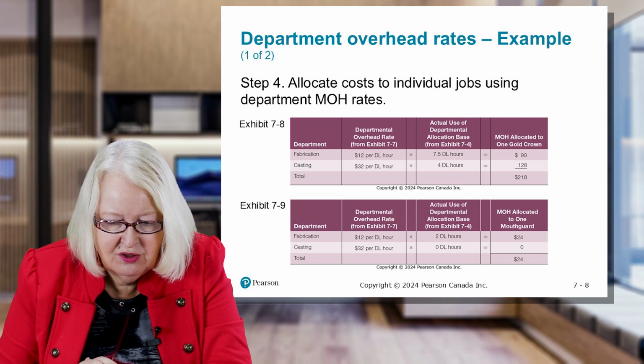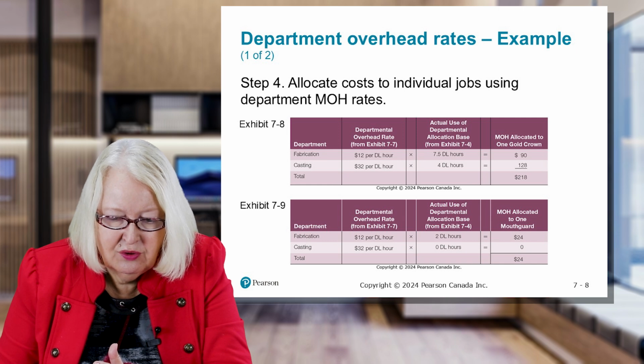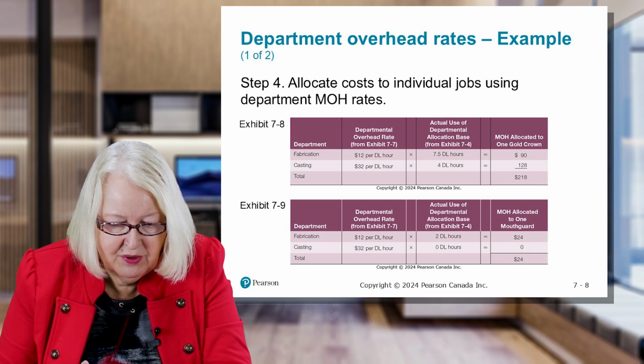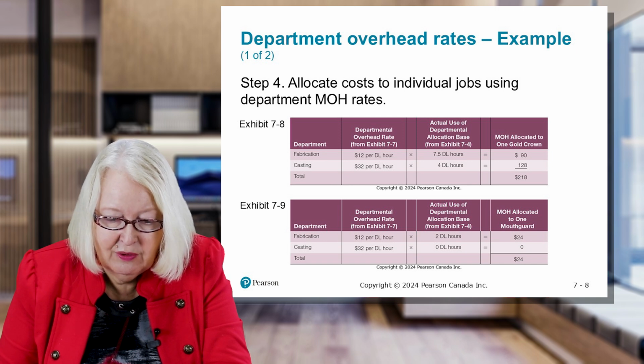So what we're trying to do here is, rather than just assign the overhead to the gold crown and the mouth guard based on the one rate, on the $16, we've now broken down our cost into fabricating and casting. So we can see here from the previous slide, we calculated the rate for fabrication is $12 per direct labor hour, and they're spending 7.5 hours on the crown.